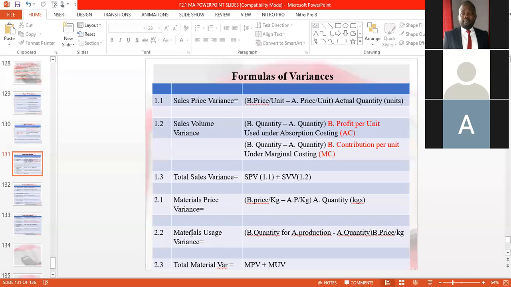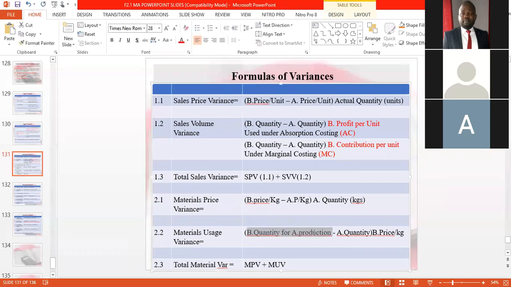Material usage variance, the formula is budgeted quantity for actual production minus actual quantity, times budgeted price per kg. So how do we get this budgeted quantity for actual production? Maybe I can write it there.